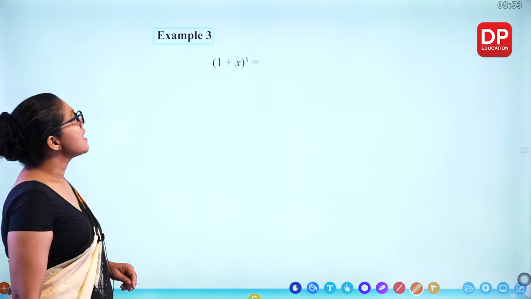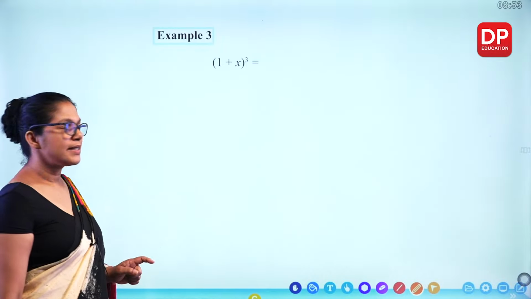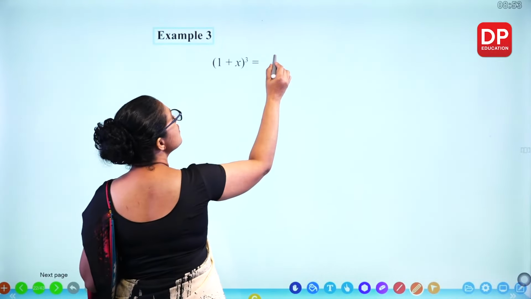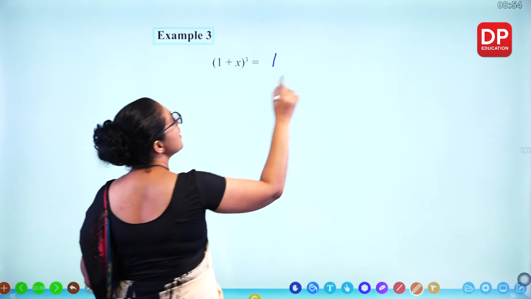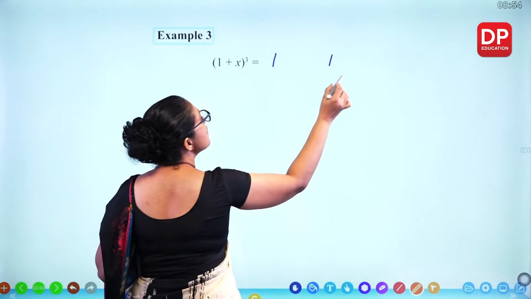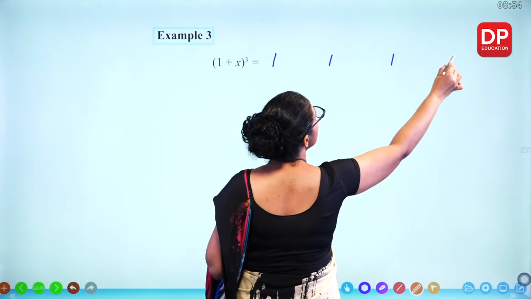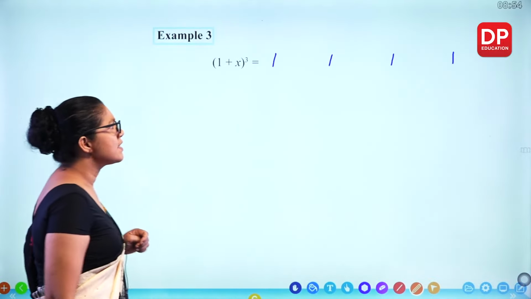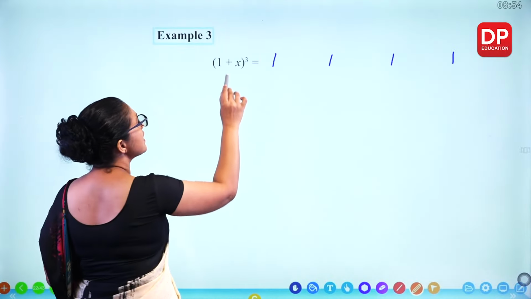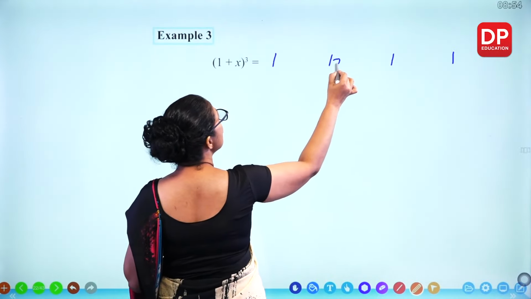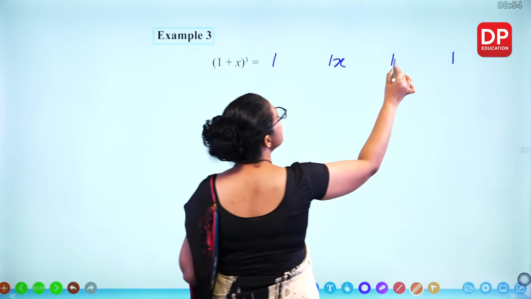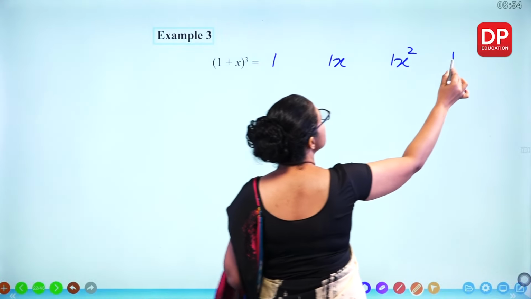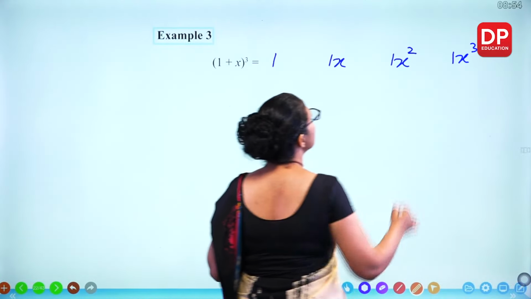Now we'll look at example number 3. Use the pattern again. First term is 1. 1 to the power 3 is 1. So all these first terms are 1s because any power of 1 is 1. What about the second term? Starting from 1, the power increases: x, x squared, x cubed.